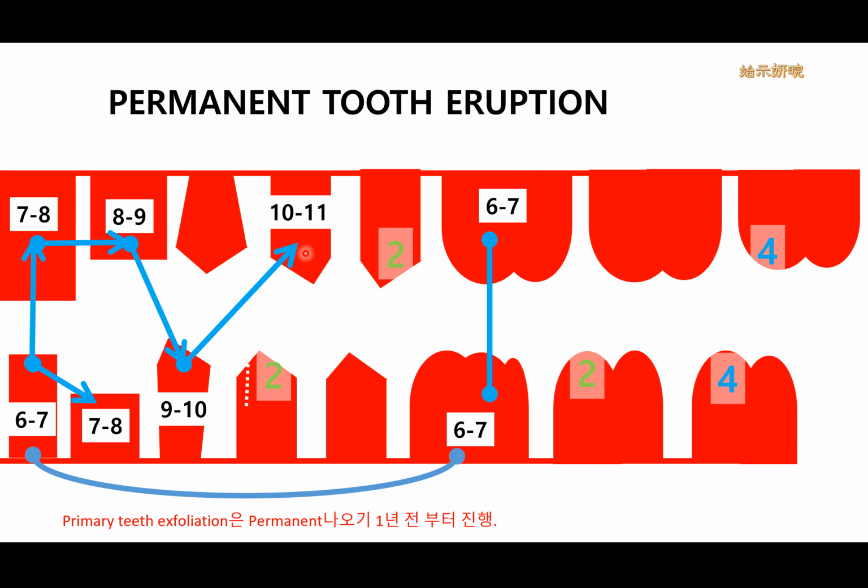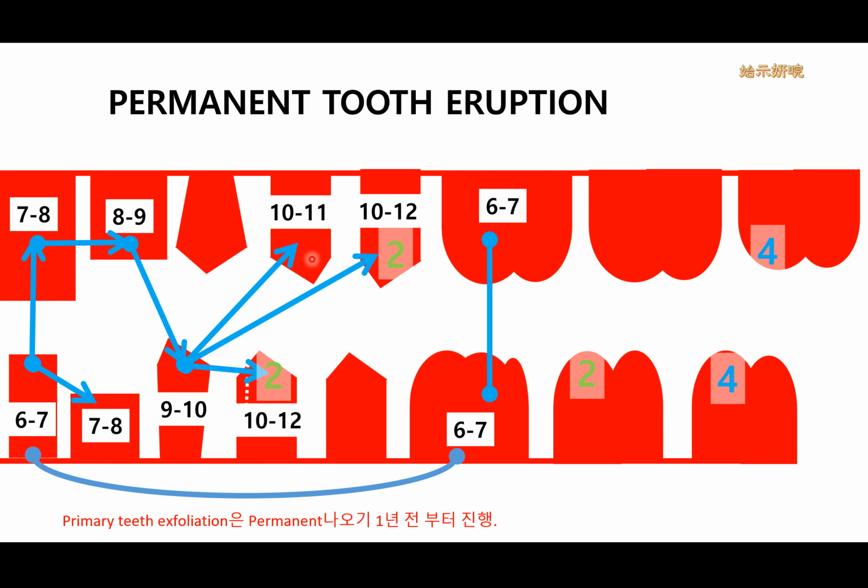Not only the maxillary first premolar may erupt, but two other teeth are likely to erupt, which are the maxillary second premolar and also the mandibular first premolar.